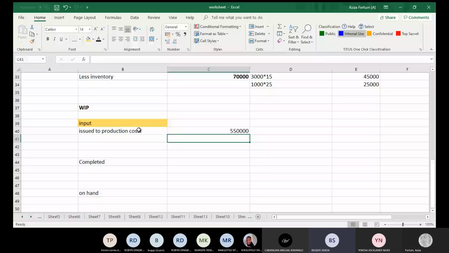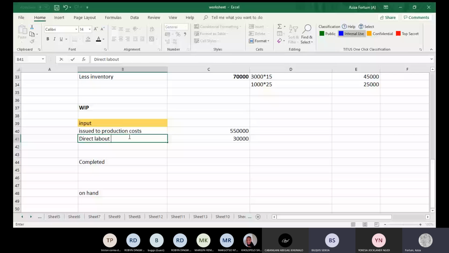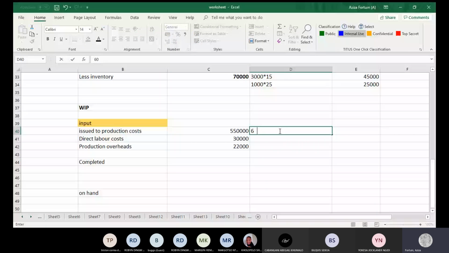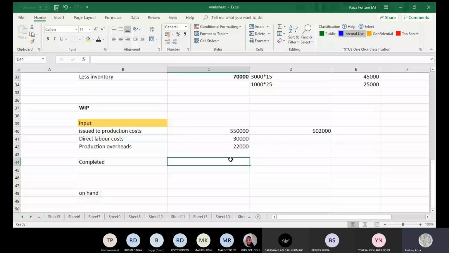And they also show total manufacturing overheads was 22,000, so that is your production overheads. So 550 plus 50,000 is 602,000.